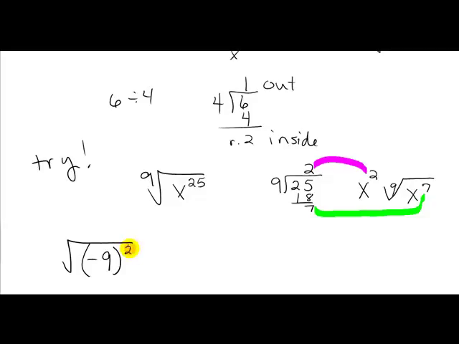And this one we have -9, but it's being squared. So we can go ahead and simplify this to be 81. Then I can take the square root of that to get my 9.